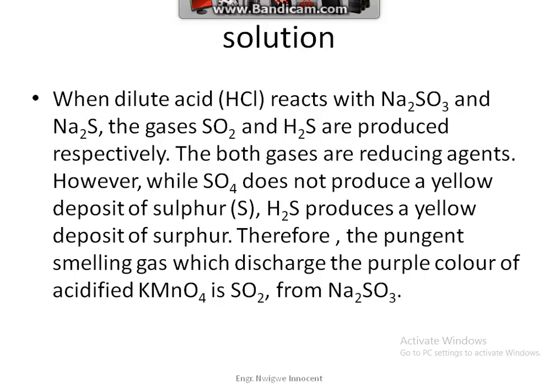Therefore, the pungent smelling gas which discharges the purple color of acidified potassium tetraoxomanganate 7 is SO2 from sodium trioxosulfate 4. Answer is B.